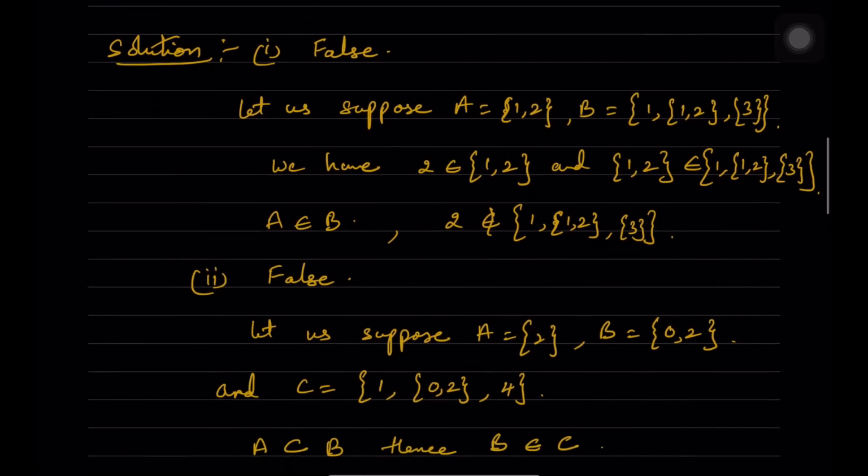So false. Let us suppose that A is equal to {1, 2} and B is equal to {1, 2, 3, {1, 2}} as a set with braces there.